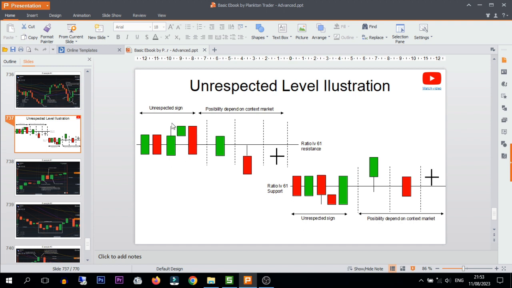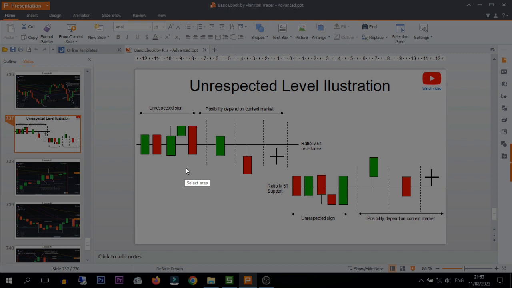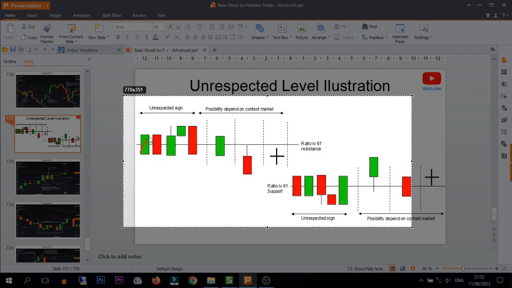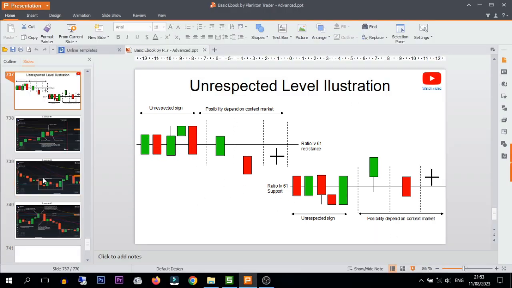This is the illustration. This is why the unrespected level, you can see, look at this. When you see this kind of dark cloud cover, or this kind of doji or anything, it's just a fake breakout form. That is an unrespected level.